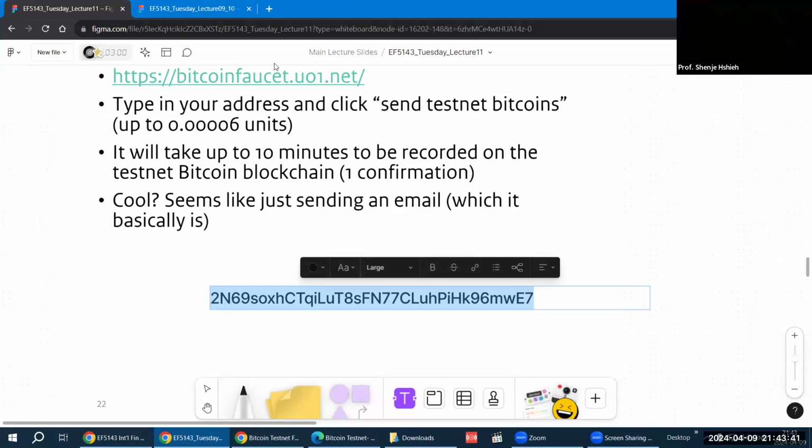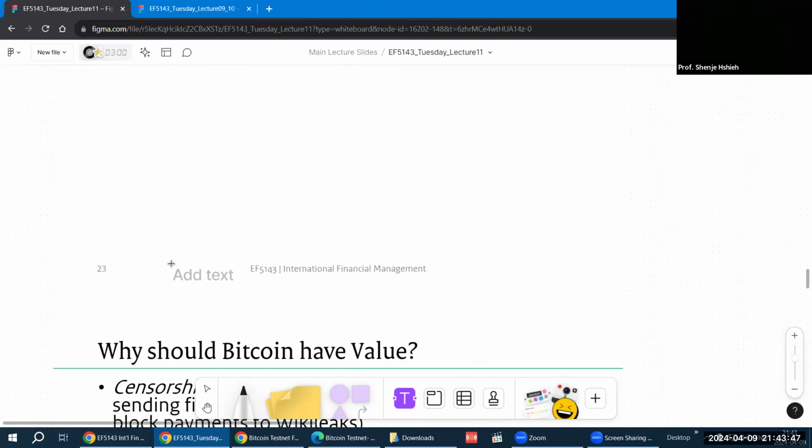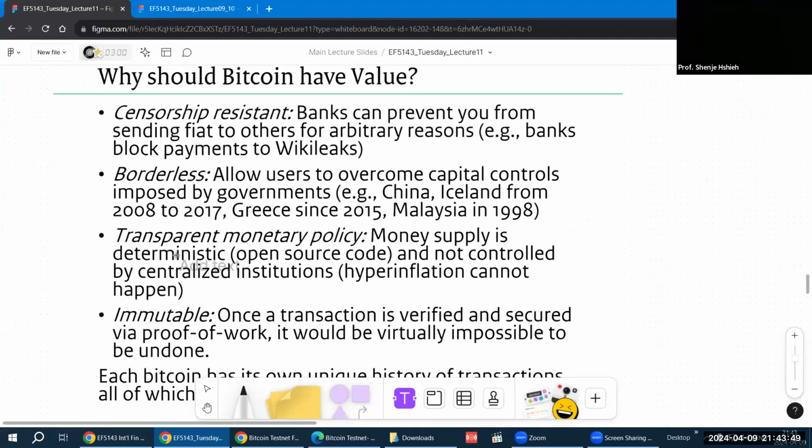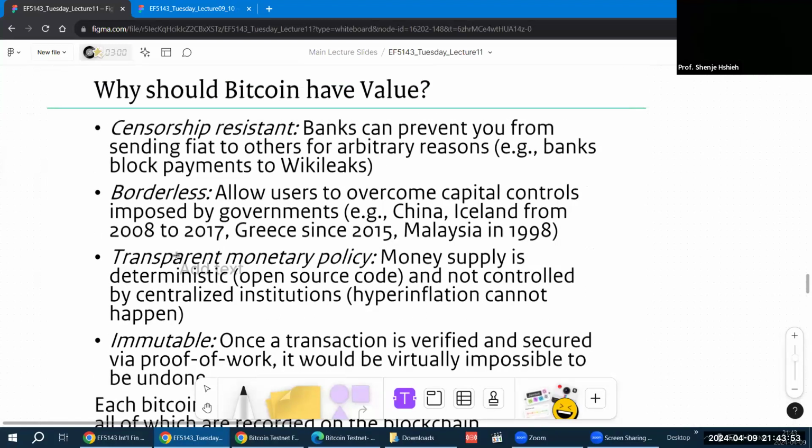So maybe I'll just conclude with some, let me talk about valuation. Okay. As I said already, I believe Bitcoin does have value in the extreme cases in which you're trying to escape tyranny and oppression, and you want to move your money out of certain countries that have restrictions on capital flows.